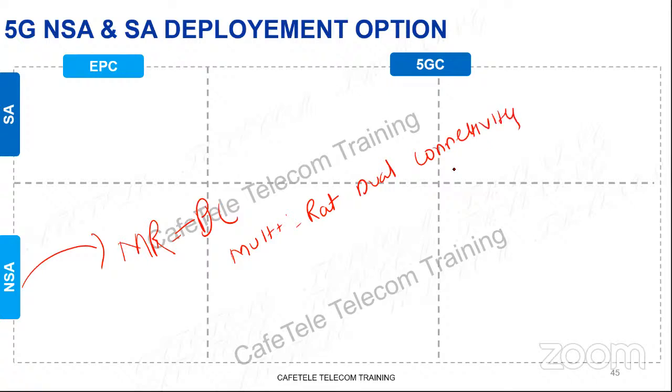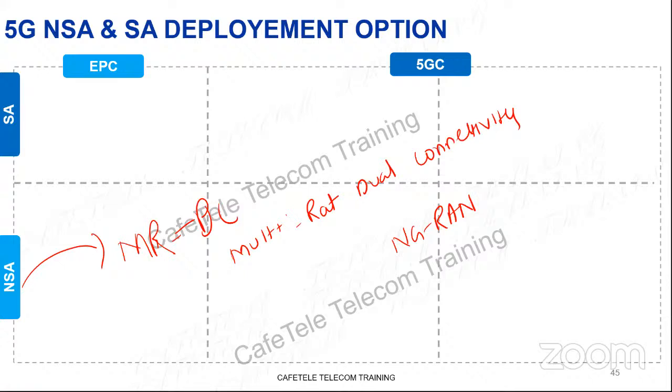So your NG-RAN, when I'm talking about NG-RAN, next generation RAN, either it could be eNode B or gNode B. So NG-RAN supports multi-radio dual connectivity operation whereby a device is in the RRC connected state and configured to utilize radio resources provided by two distinct schedulers.